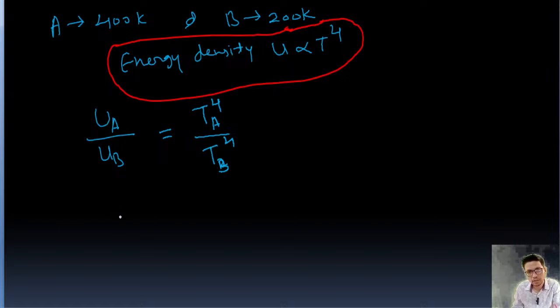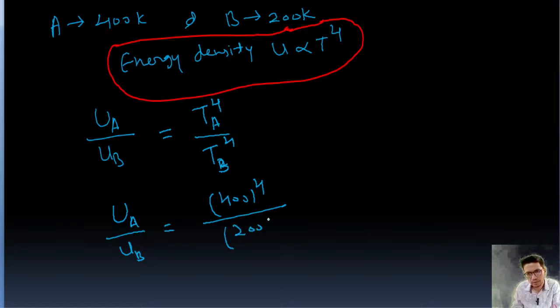So we can write UA upon UB, energy density of A upon energy density of B, is 400 Kelvin to the power 4 upon 200 Kelvin to the power 4, right? There are 0, 0, so we can remove that.